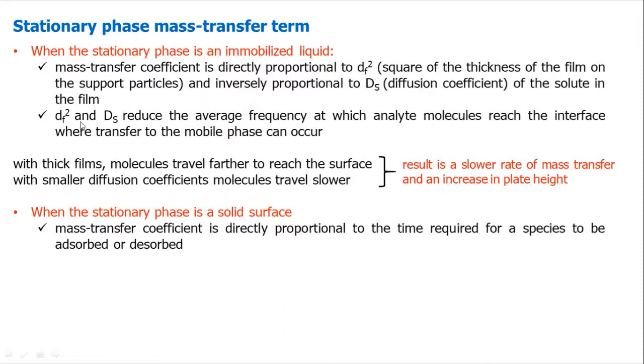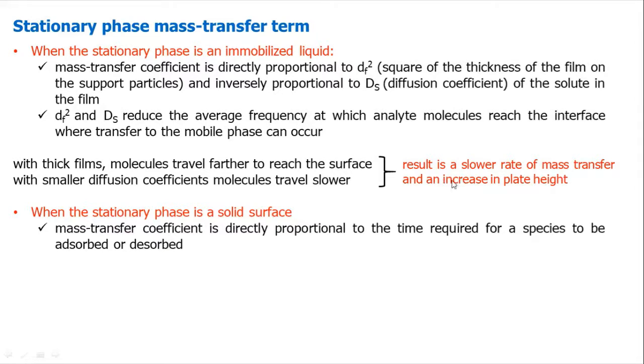So the dF squared and the Ds reduce the average frequency at which the analyte molecules reach the interface where transfer to the mobile phase can occur. So with thick films, molecules travel farther to reach the surface. With smaller diffusion coefficient, molecules travel slower.